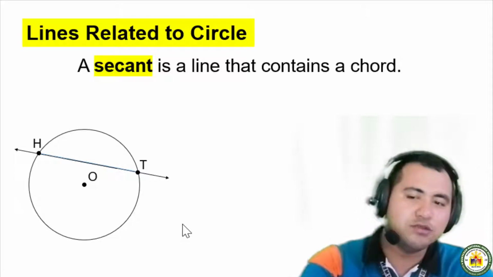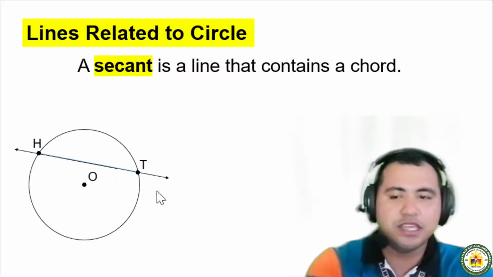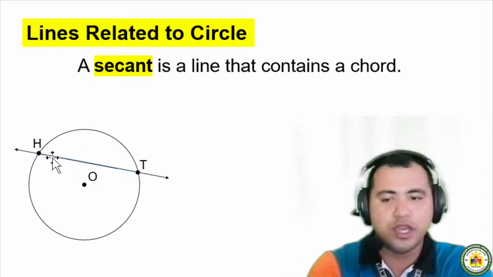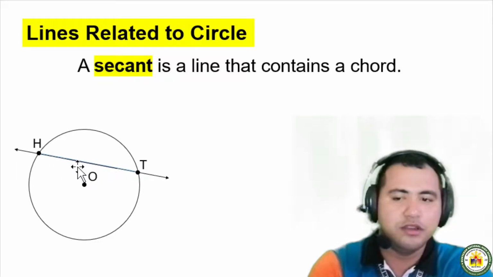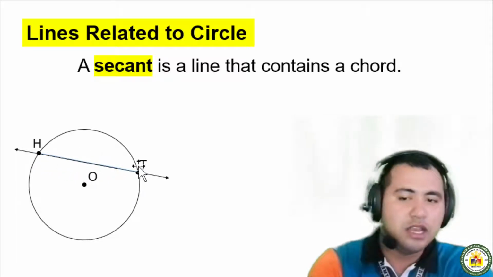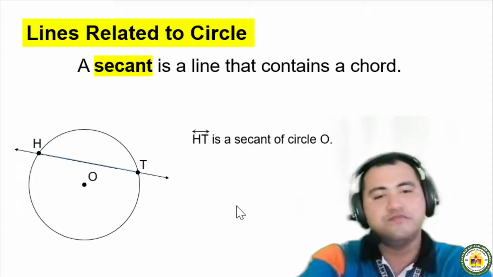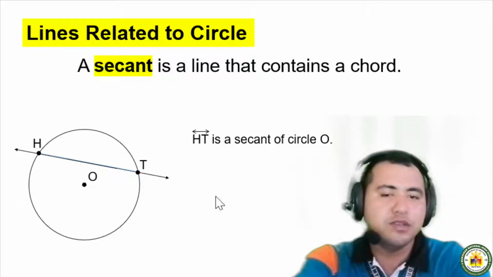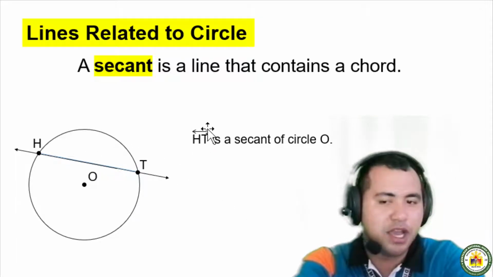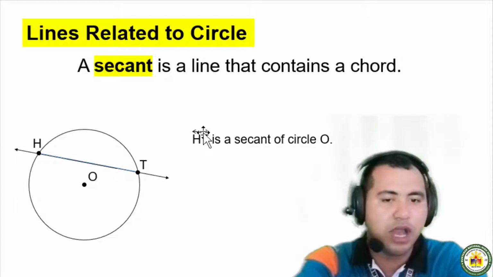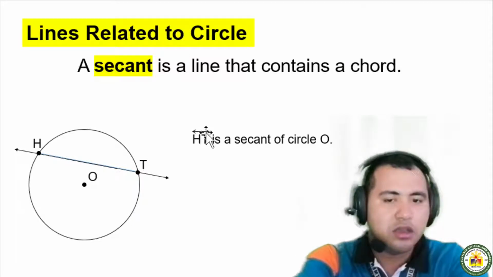Okay, for example, that one, di ba si HT is a chord? We can consider HT as chord. Then, linya man siya, so line HT is a secant of circle O. Lain man tong segment HT, sa symbol pa lang daan, kung dili na, butangan na tong arrow, way arrow na siya, that is line segment HT.